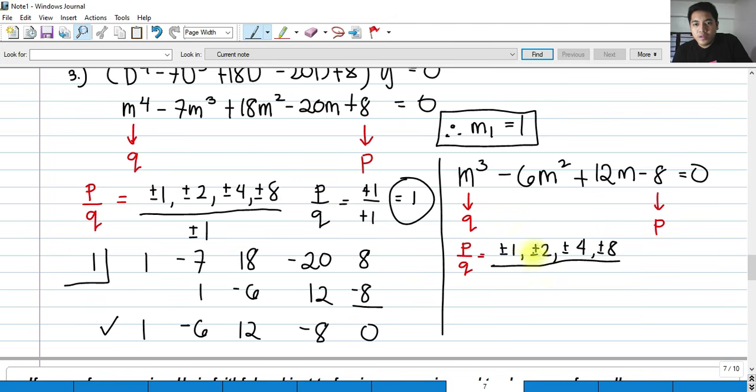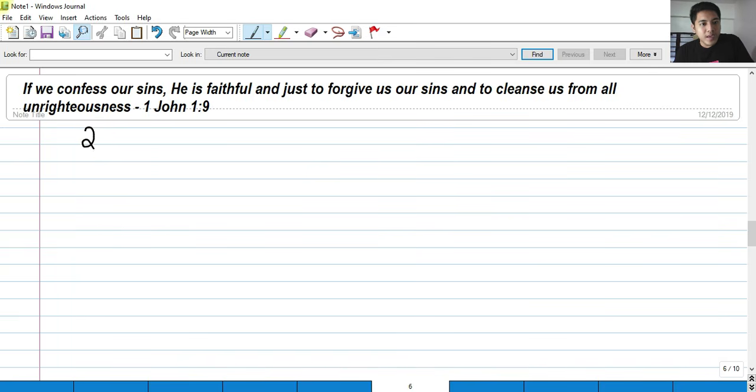And for q, that's again positive negative 1. So we're going to try what if our p over q would be positive 2 over positive 1, and that is equivalent to 2. So we're going to divide by synthetic division again by 2.